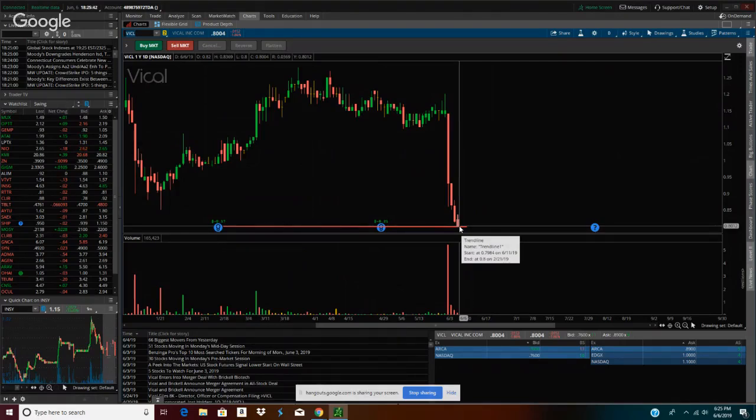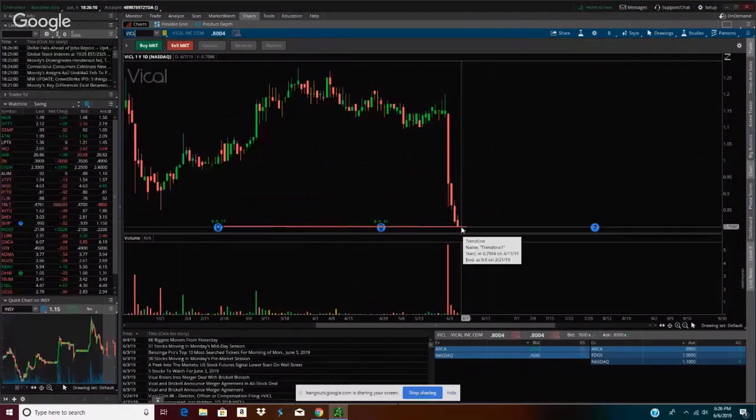This way, we only give ourselves a 10-cent loss. All we're willing to lose is 10 cents on every trade. If it comes back down to that low, we stop out, we're out of the trade, and it continues down.